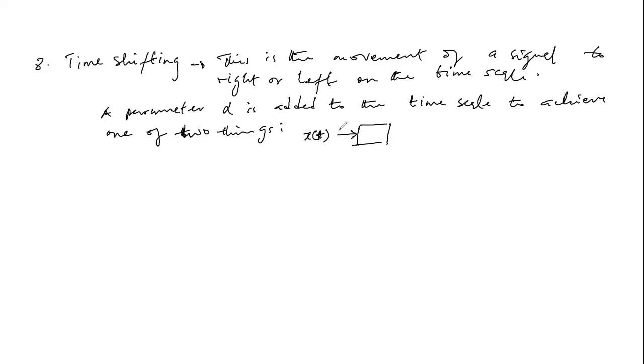So we have s of t getting into a system characterized by some parameter alpha, which is expected to perform time shifting. Then y of t, here we say that y of t is such that the signal adds that parameter to the time scale.